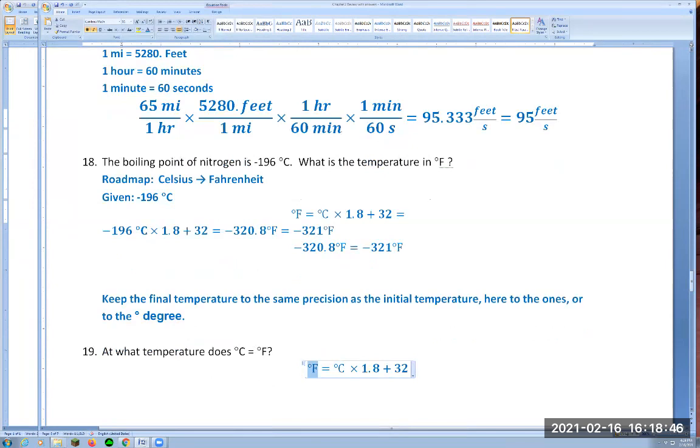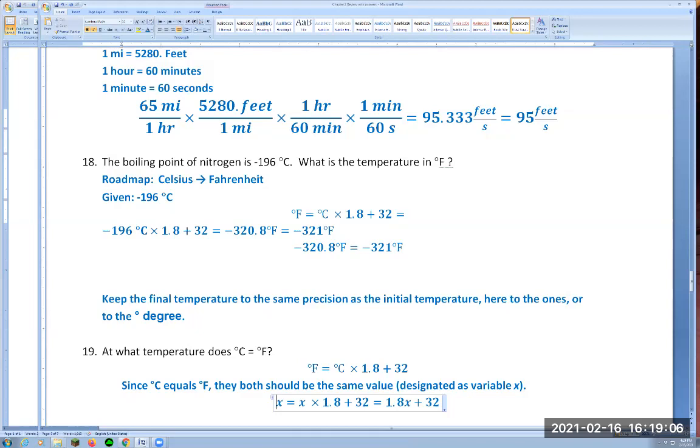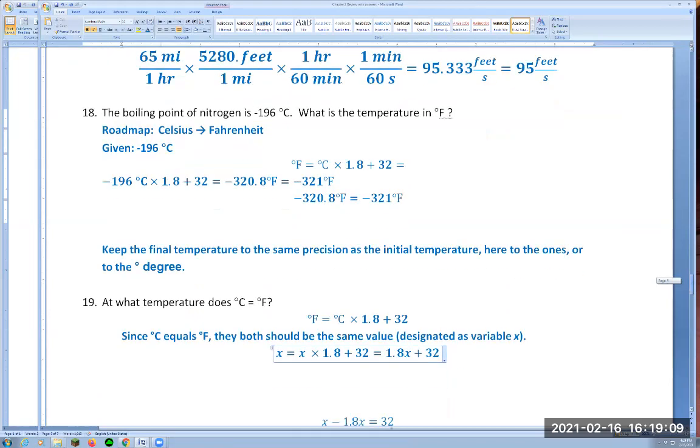Because they will be equal, we can simply change them to the same variable, and let's call them x, for example. So if we change degrees Fahrenheit and degrees Celsius to x, and x will be the same value for both, the equation will look like this. We will have x, because degrees Fahrenheit becomes x, is equal to degrees Celsius, which becomes x also, times 1.8 plus 32.